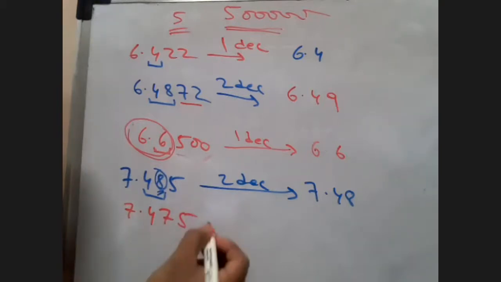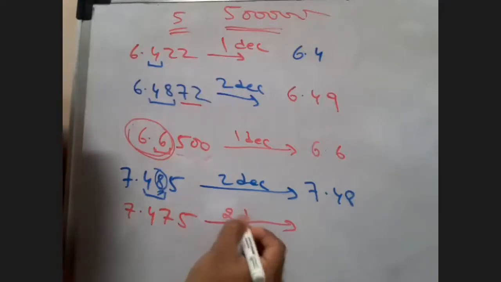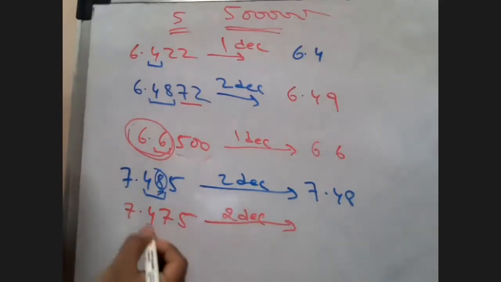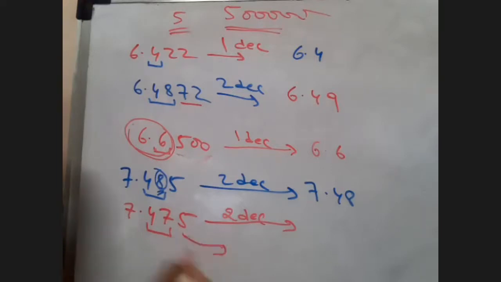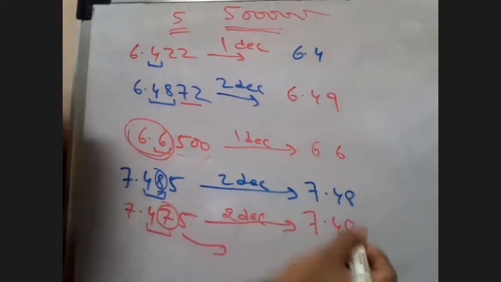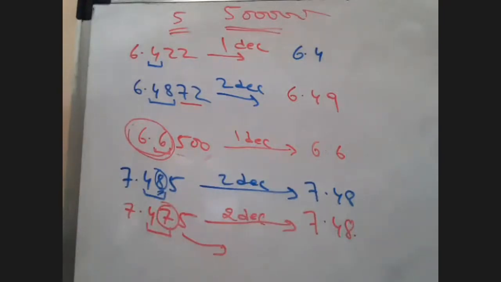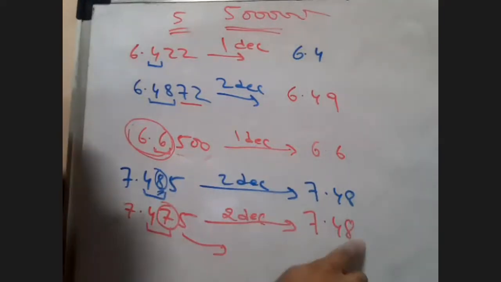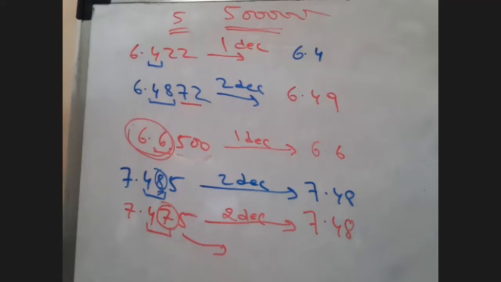I wanted to round it off to how many decimal places? Two decimal places. 5 is being removed. I have to keep this to an even place. 7.48. Yeah, you have to make the odd one into even.